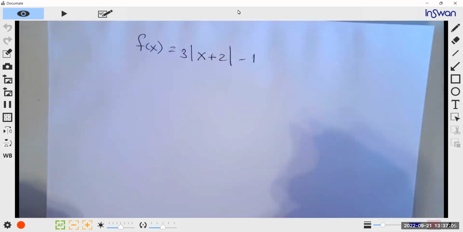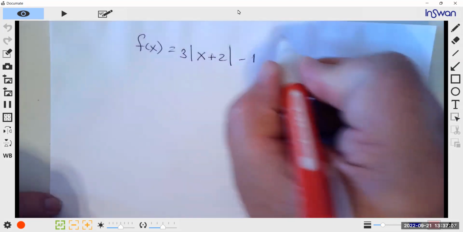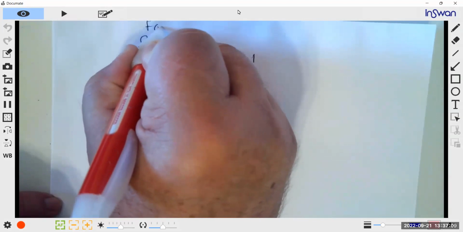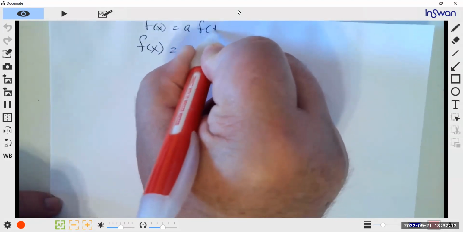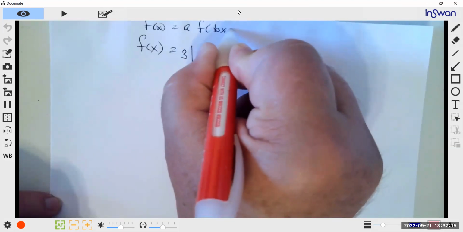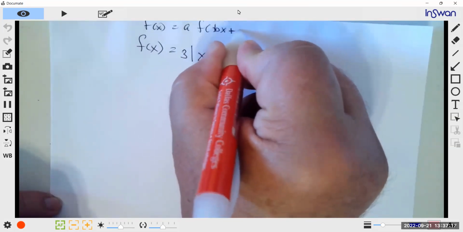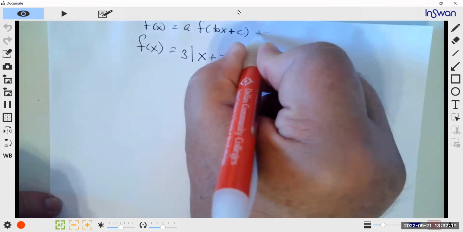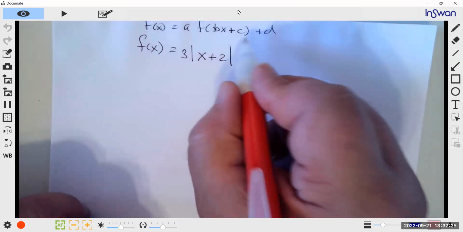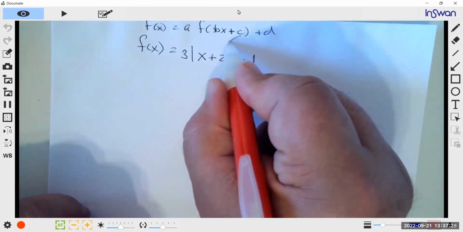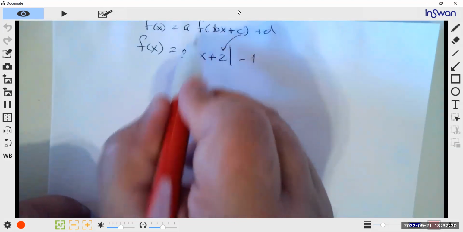Just by looking at it, what can you tell me? Remember, it's a f of bx plus c plus d. So what's c? C is inside the function. Our function is the absolute value.